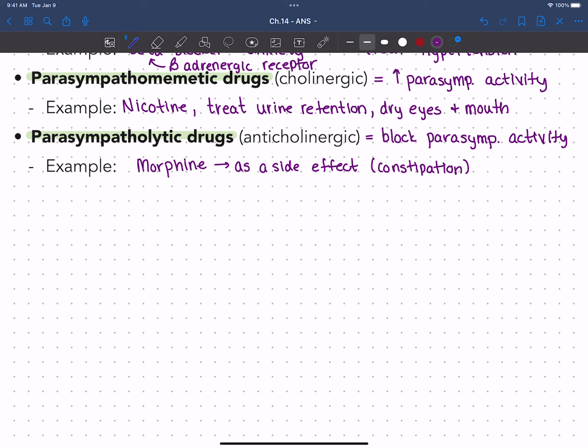It's a tongue twister. Parasympatholytic drugs can also be used to treat low or slow heart rates, preventing the parasympathetic nervous system from slowing down the heart rate. So they can be used to treat slow heart rate or bradycardia, and bronchial constriction, in scenarios like somebody who has asthma.